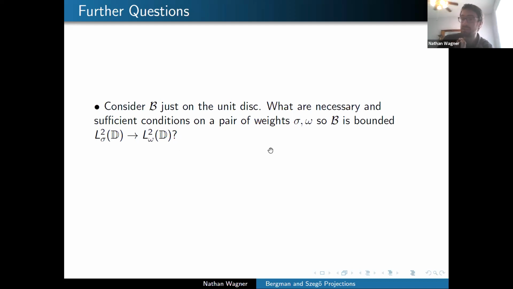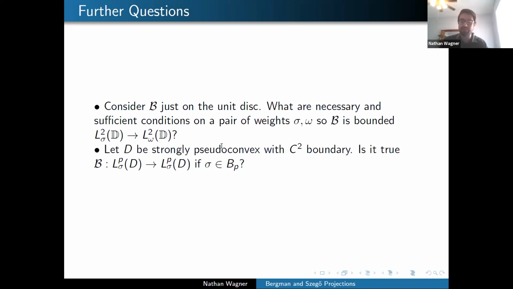Or maybe it's easy, maybe there's a more elegant solution that I just haven't found yet. But the two-weight problem for the Hilbert transform, for example, was very difficult and very complicated. I don't know if the Bergman projection simplifies this somewhat, and there are some things you can prove about necessary or sufficient conditions, but getting full necessary and sufficient conditions for this two-weight inequality is difficult.